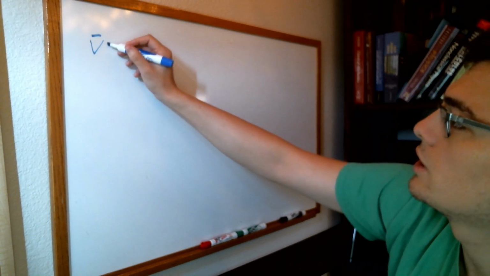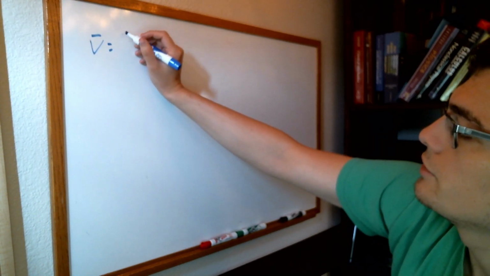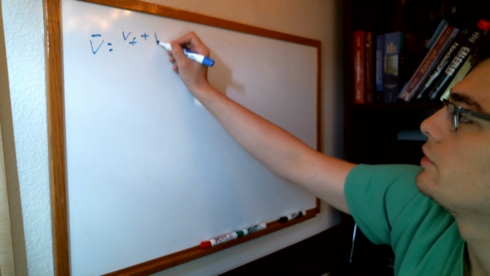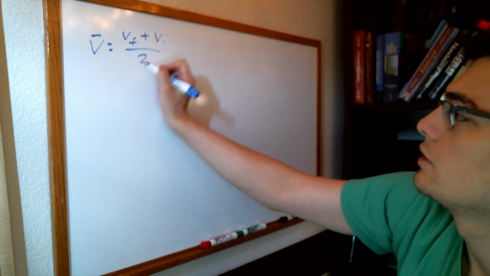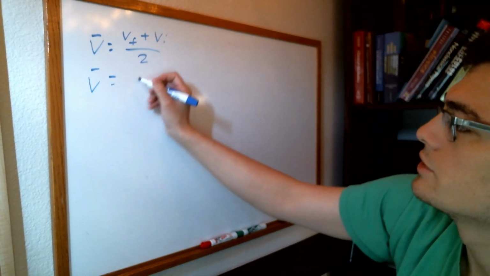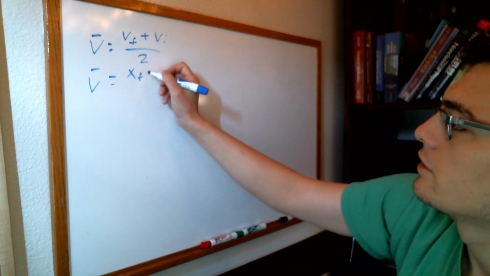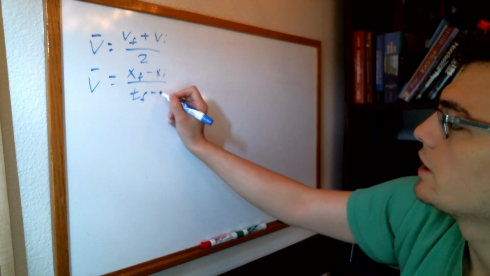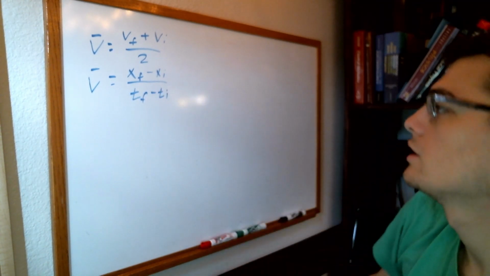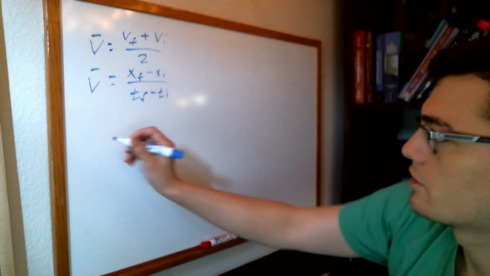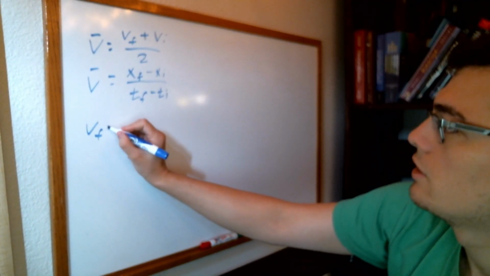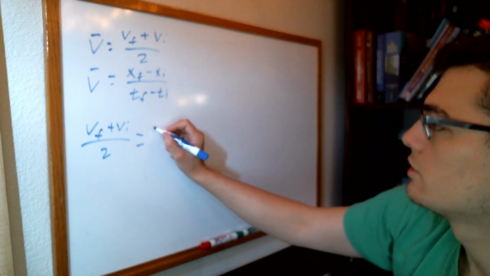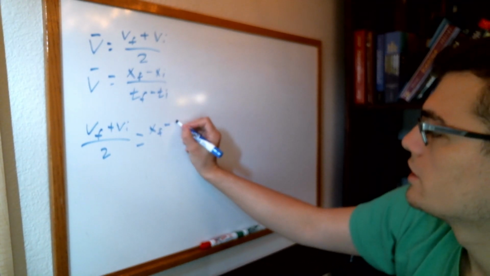So we kind of already went through this, but if we have v bar is equal to vf plus vi over 2, and v bar is equal to xf minus xi all over tf minus ti, and we set them equal to each other like we did before, we'll get vf plus vi over 2 is equal to xf minus xi.